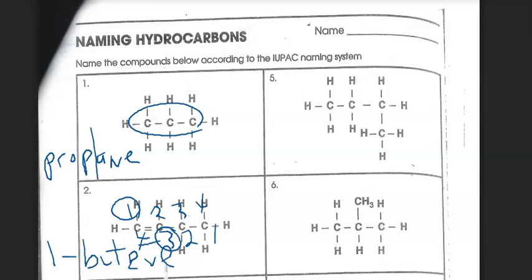Now, we have 5 and 6 right here. Let's do it. You count the longest chain. For number 5, you've got to be careful. A bend, B-E-N-D, in the molecule does not count as a branch. So we have 4 in a row. We have all single bonds. So this is known as a butane.